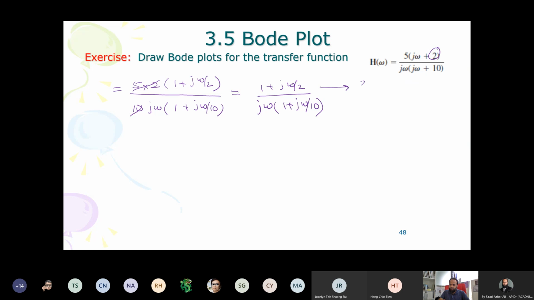So we have a simple 0, a pole at origin, and a simple pole. All right.